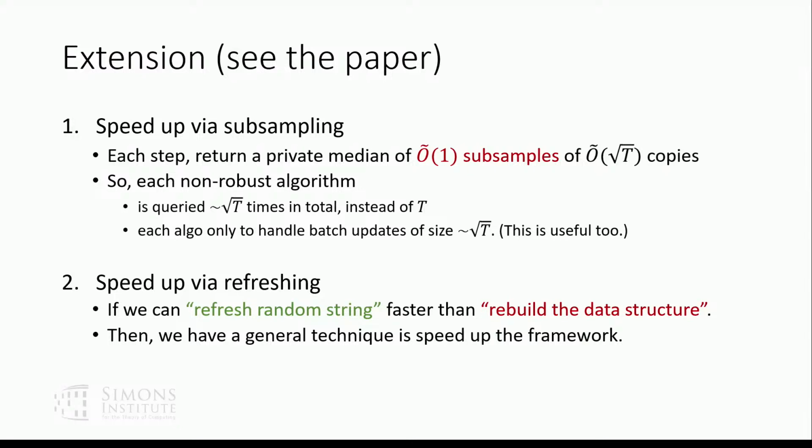So the overall update time, from the perspective of each non-robust algorithm, it will sample only root T times throughout the whole sequence of T updates instead of T times. Good question. This thing I don't see how to improve, but there are ways to improve the implementation.